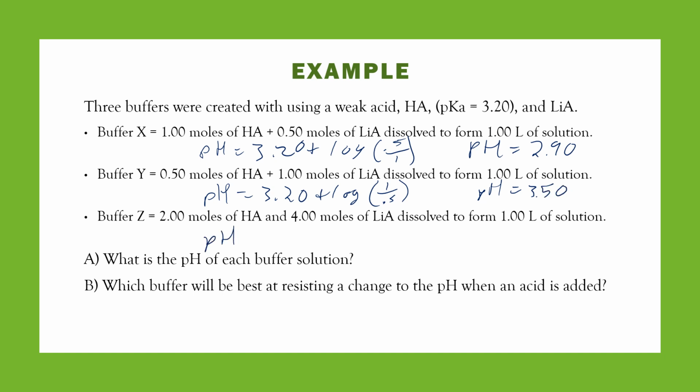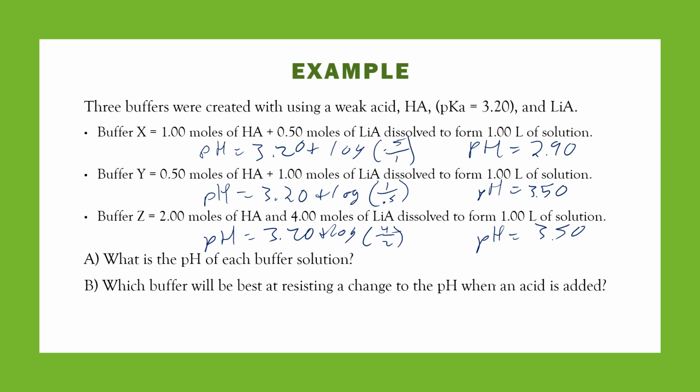And our last one, for Z, 3.20 plus the log of our base over our acid. Now notice that this ratio is 2, just like this ratio is 2. Because that ratio is the same, the pH will be the same, 3.50. So that is an interesting correlation there.